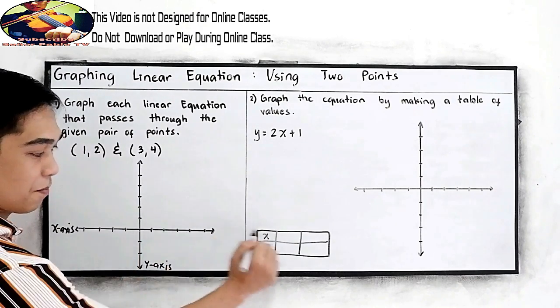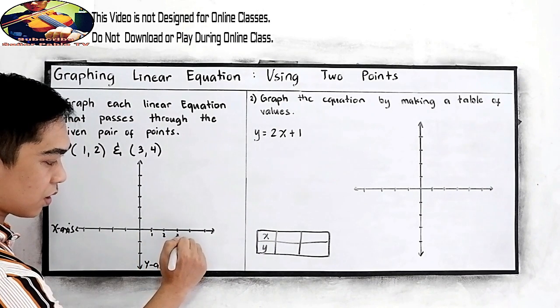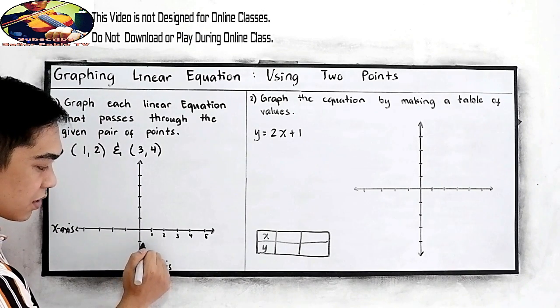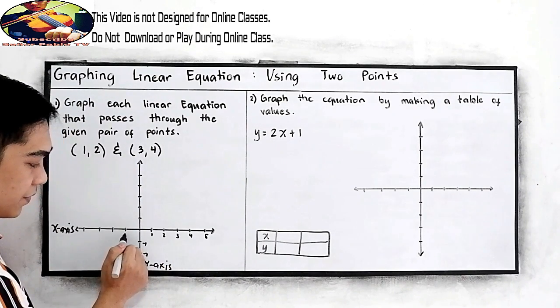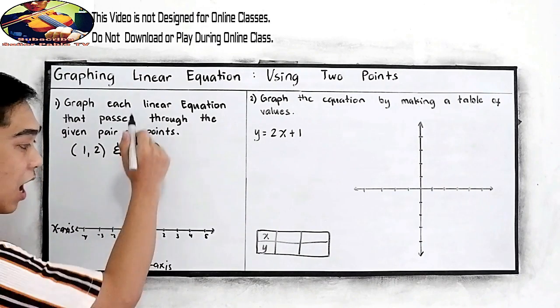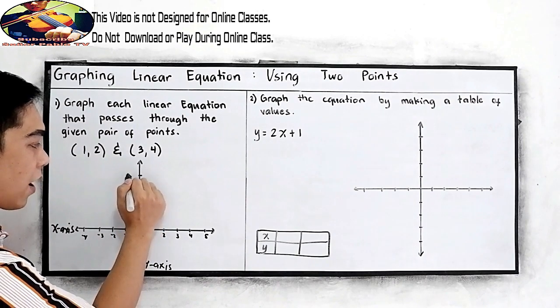And of course, the positive numbers, our origin 0, so 1, 2, 3, 4, 5. Below our origin is -1, -2, -3, -4. And upward is 1, 2, 3, 4, 5.